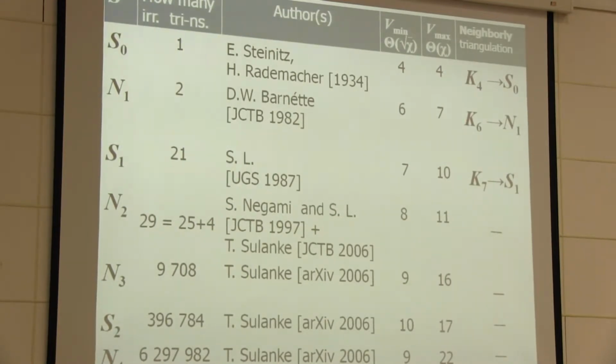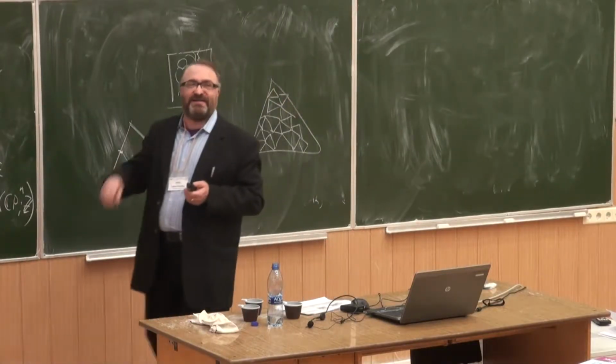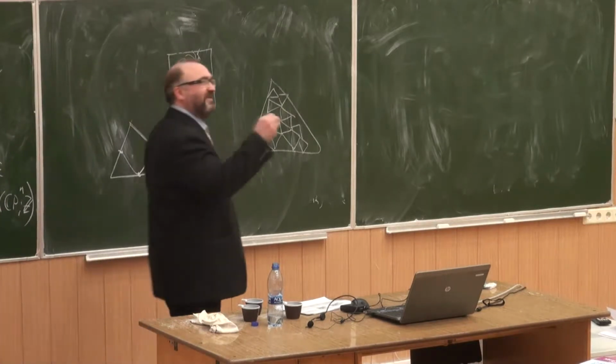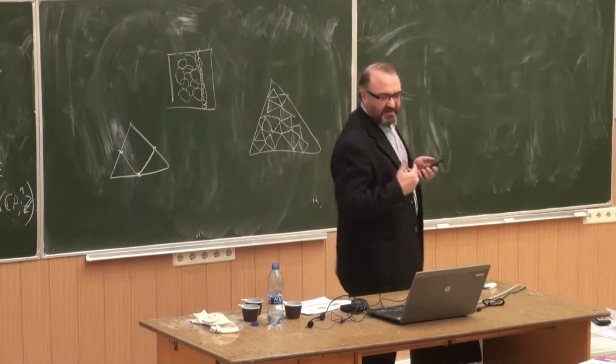For the Klein bottle N2, there are precisely 29 irreducible triangulations found by Lavrenchenko, yours truly, and Tom Sulanke. Actually, there was a little gap in our original proof with Lavrenchenko, and later that gap was filled in by Tom Sulanke.